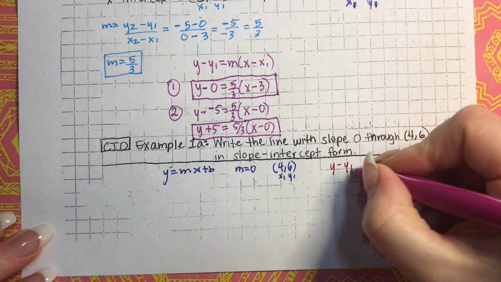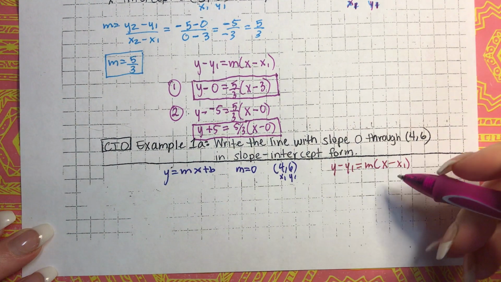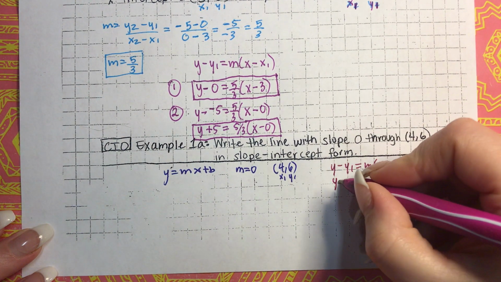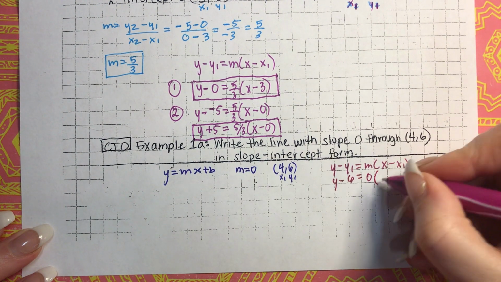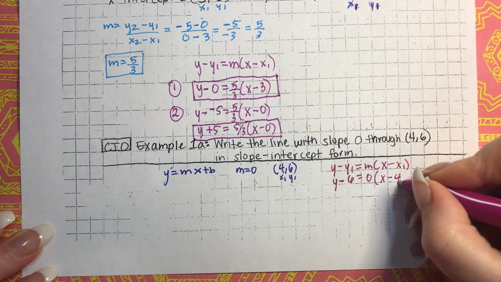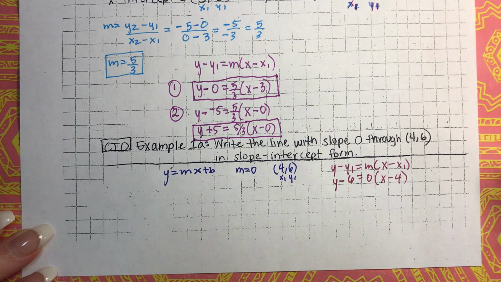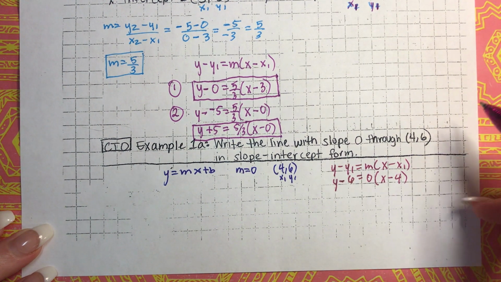So y minus y1 equals m multiplied by the quantity x minus x1. I'm going to substitute these values in. y minus 6 equals 0 times x minus my x1, which is 4, okay? And then I need to simplify.